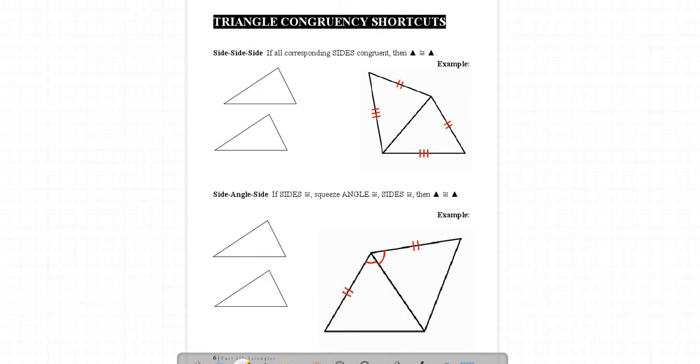Now what the next 2 pages say is this. It's a shortcut. These shortcuts say if only 3 pairs of things are congruent, then all 6 must be congruent.